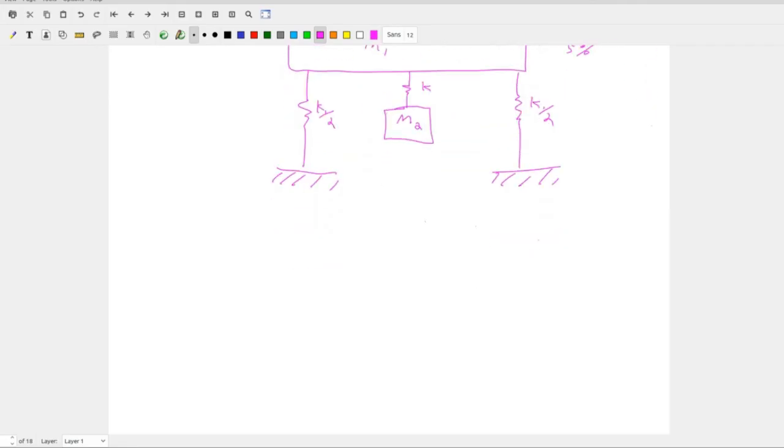So let's just say that, and I did that for a reason. M1 is 20 kilograms. M2 is equal to 1 kilogram, 5%, right?